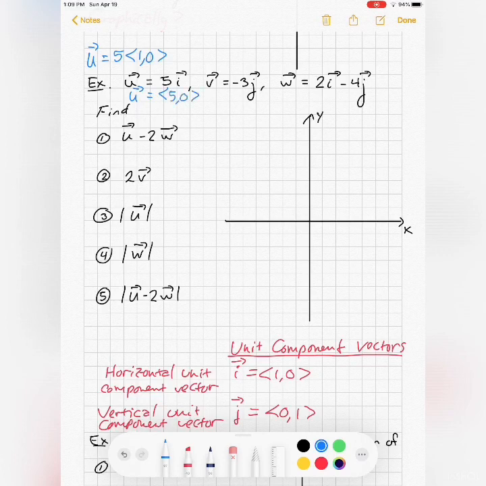Okay, so I mean, you can really read these off. Like, look at v. v is 0, negative 3, because it's just negative 3 times the vector j, right? So it just has a vertical component because it just has the j in there.